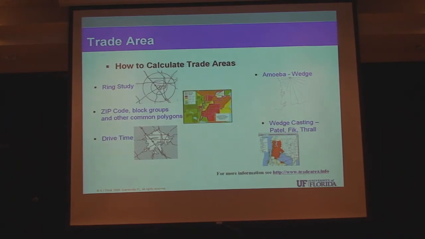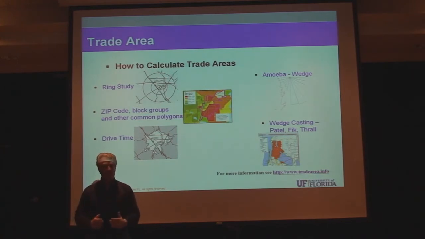What we're doing with the amoeba wedge approach, and this can only really be done in an automated geographic information system software program that I'll demonstrate to you momentarily, is dividing up the area around our retail store into segments, like you would do with a pie or a cake.